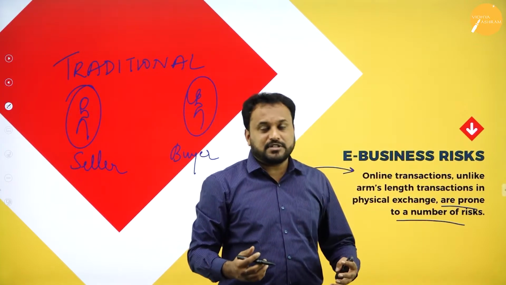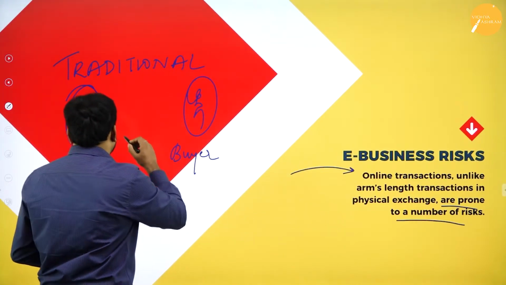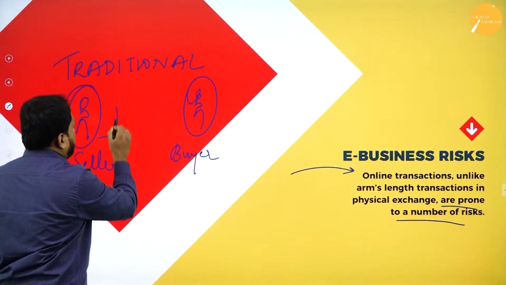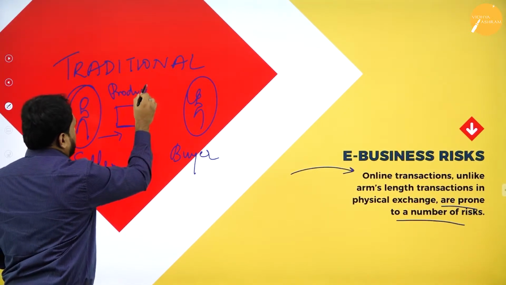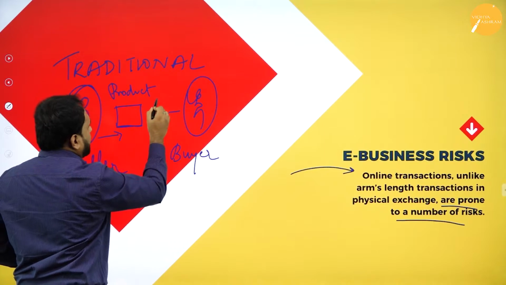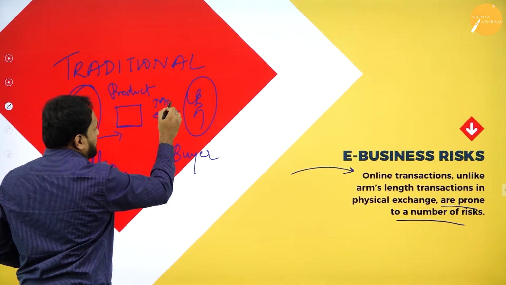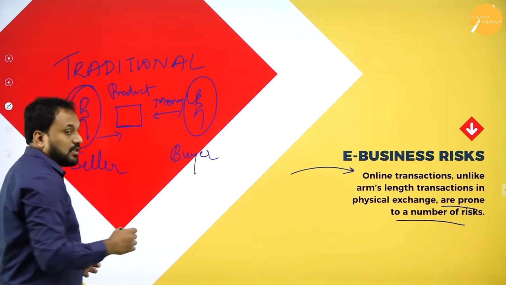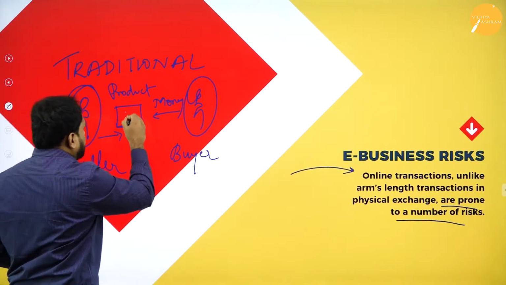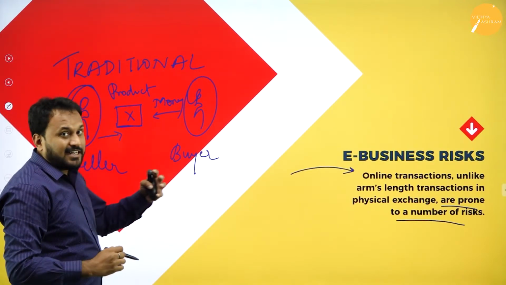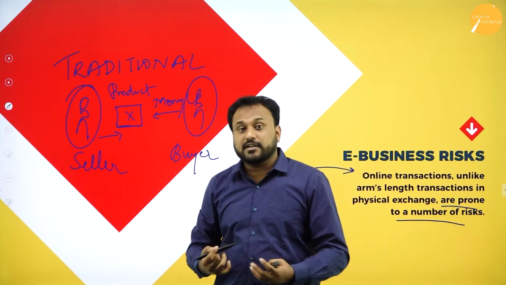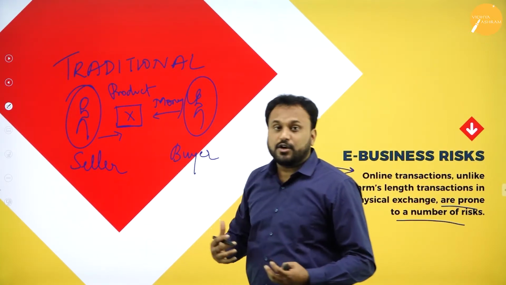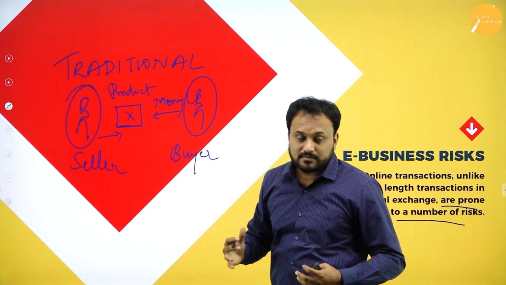What usually happens in a traditional setting is the seller will give the product, and the buyer will give him the value for the product, that is the money. Now, if the product isn't good, the buyer can return it, or the buyer can actually see what the seller is giving.